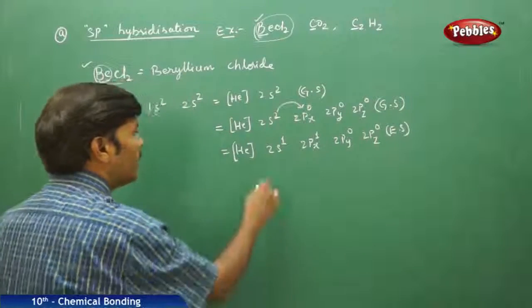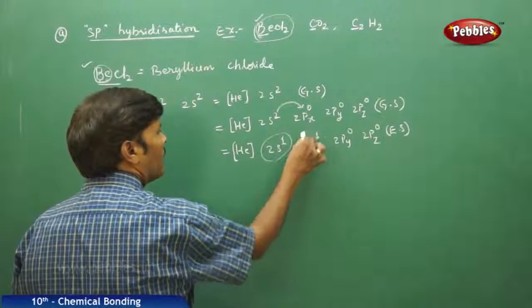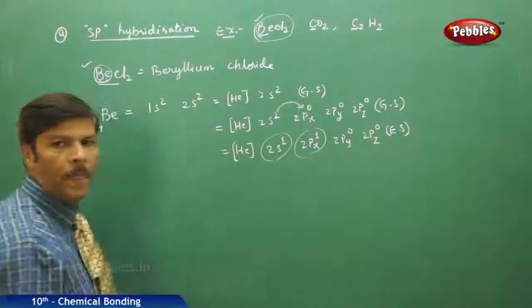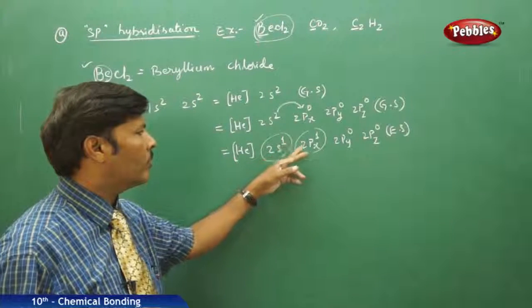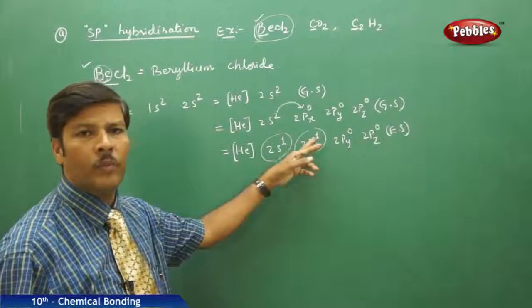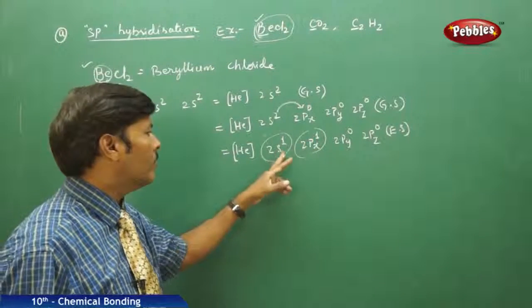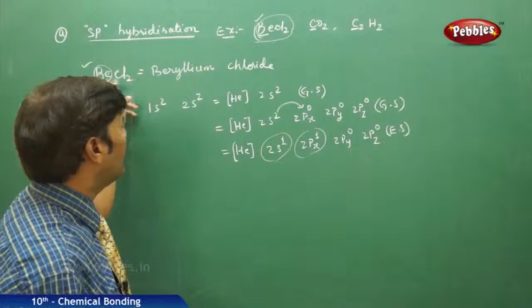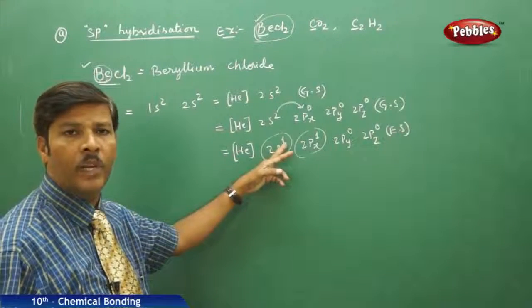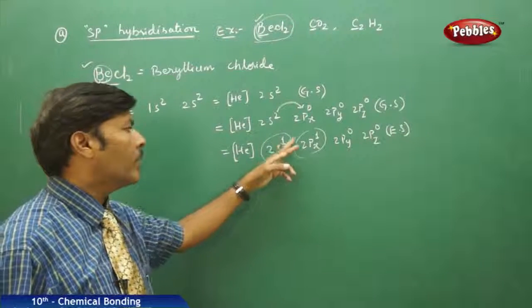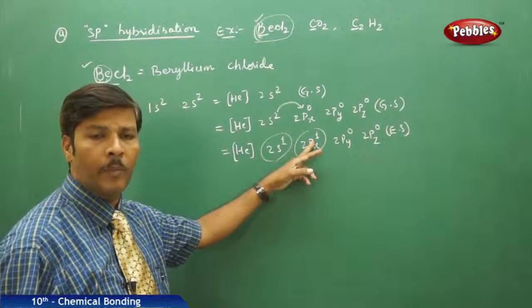So therefore here, take this 2s1 and 2p. Because in beryllium chloride, beryllium is undergoing sp hybridization, the atomic orbitals participating in the hybridization should have unpaired electrons to prepare hybrid orbitals.